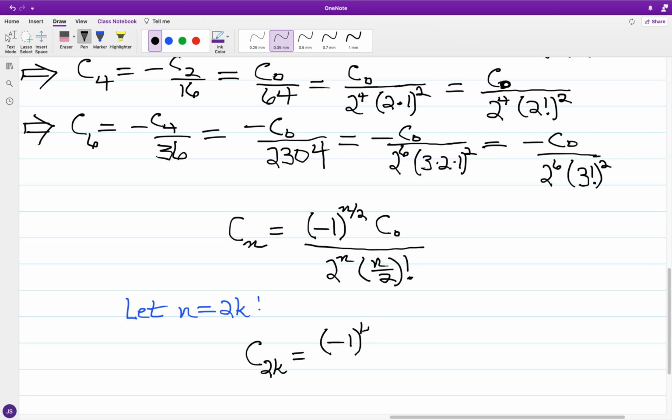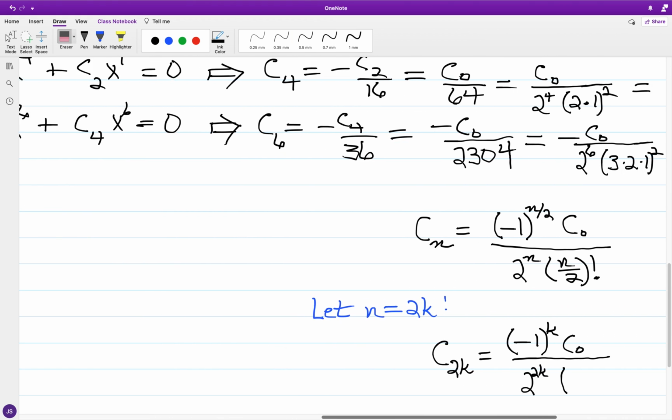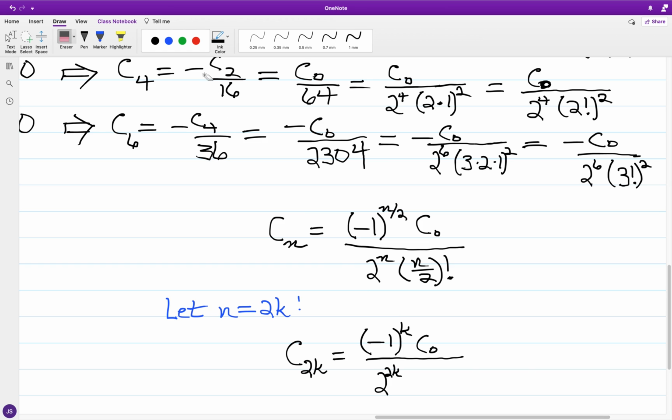So we have minus 1 to the k, c naught, and this will be over 2 to the 2k, and I have times k factorial. Okay, so this is going to be our c of 2k.